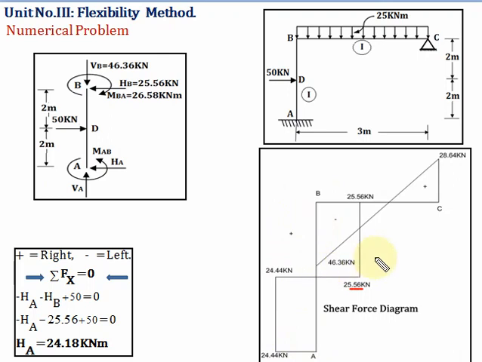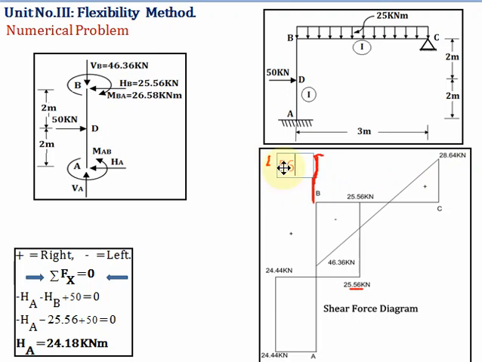Now we'll draw the shear force for member BC. Now the vertical reaction at B is here. I have drawn the wrong diagram here, I think. So here it should be upward, like this. And then here the value is 56.36.